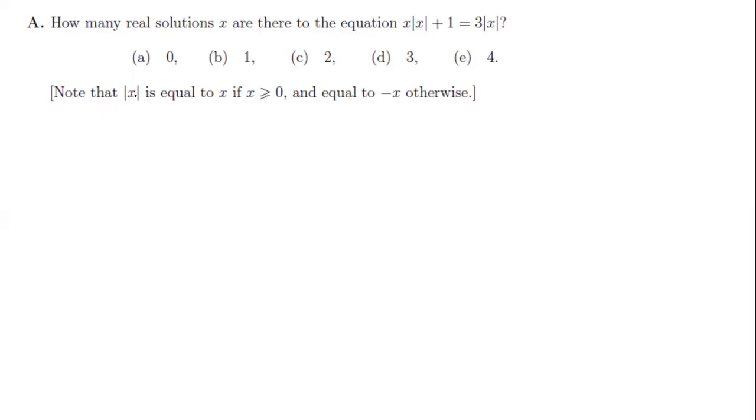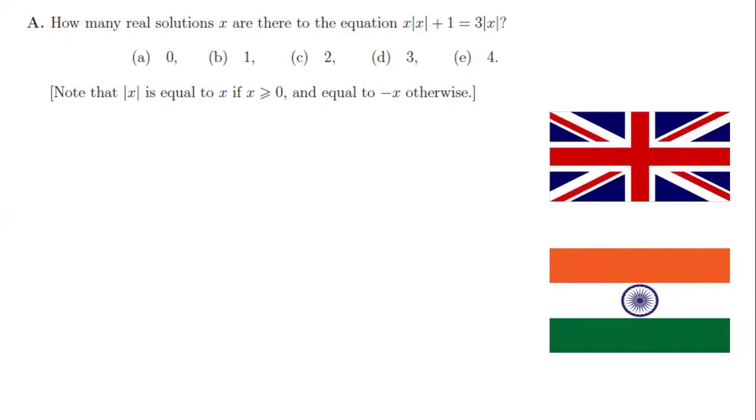So first we will analyze how the Indian students or the UK students will analyze this question. If you are from the UK or India, you can do it this way. Let's first consider x greater than or equal to 0.